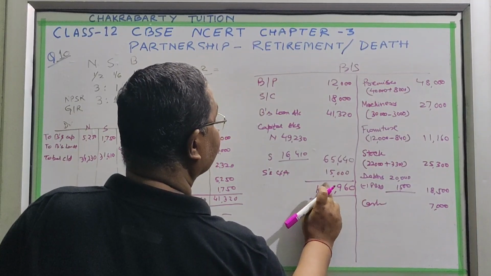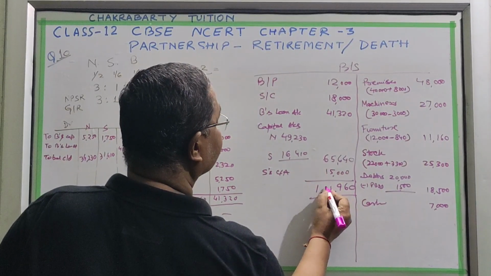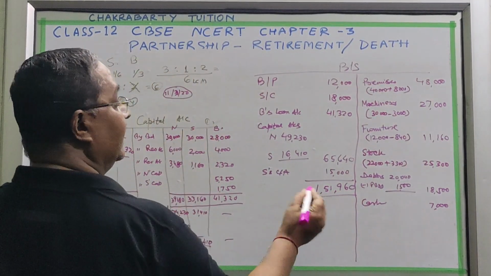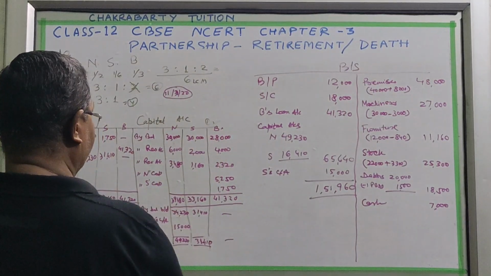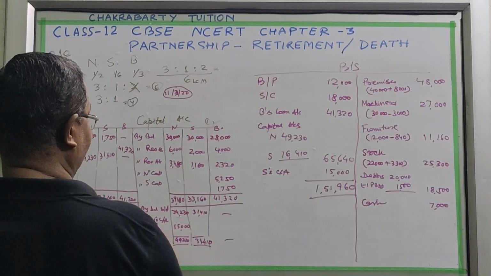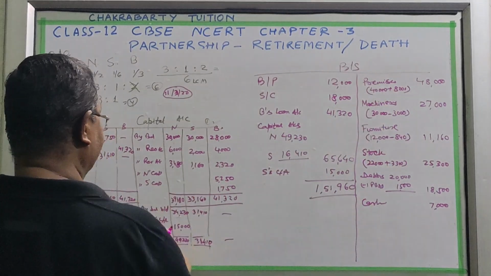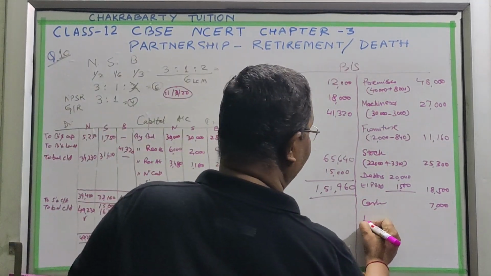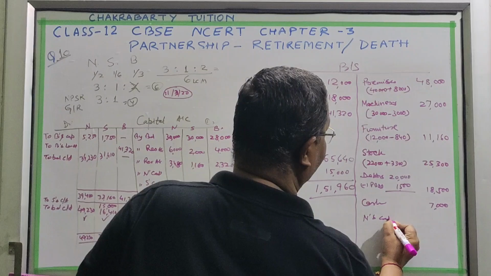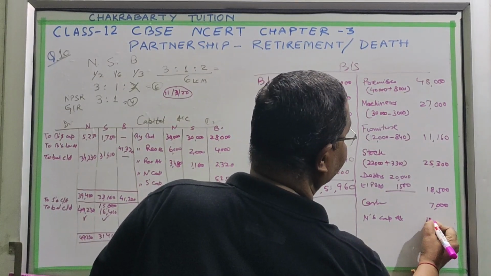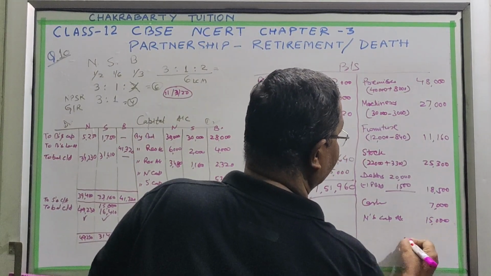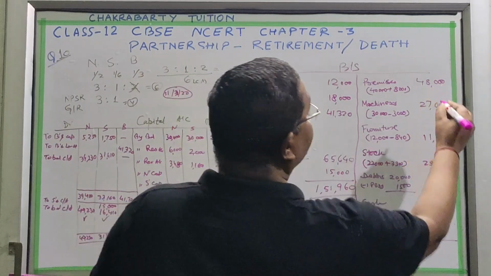Okay. Here we have written by N's current account. By means debit. So on the debit side, all debits are this side. So Narang's capital account, 15,000, will come to this side. We should not forget this. Now the total is.